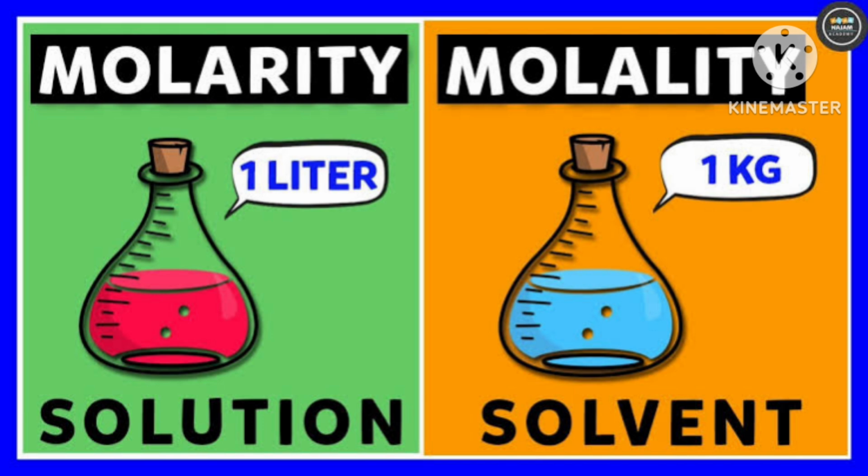For example, 0.25 mole per liter. If you say molarity is, suppose, 0.25 mole per liter, it means what? You can write 0.25 M, capital M. That is 0.25 mole per liter, capital L, with minus 1 you can write per liter.